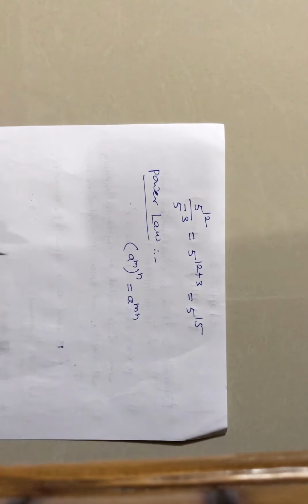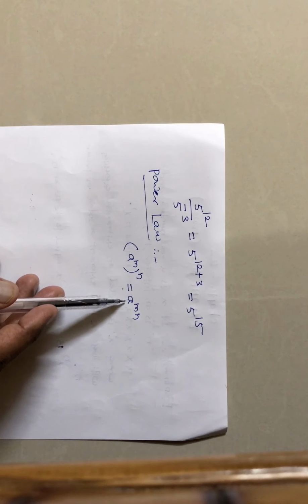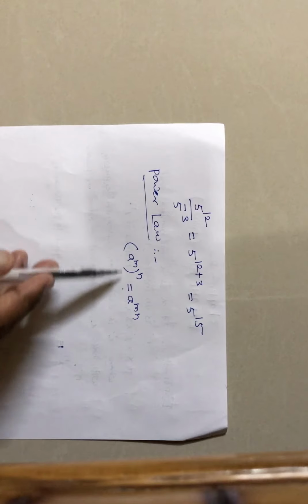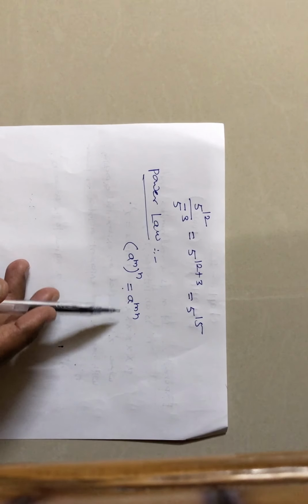See, a raised to the power m is an integer, then in brackets raised to the power n, which is equal to a raised to the power mn.